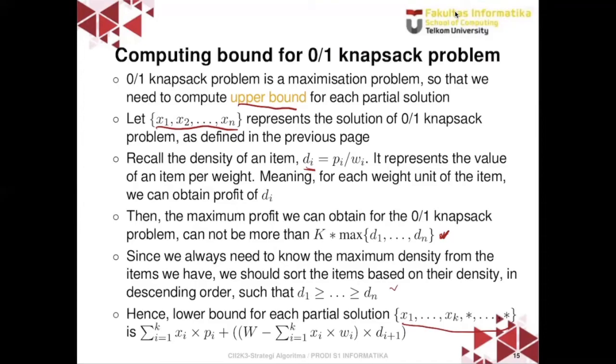Then we already know the total profit we have so far until the kth item. For the rest, we check the remaining capacity we have, and then multiply it with the largest density we have on the remaining items. Because we have sorted the items with the largest density first, the next item will have the largest density. That's why we multiply it with the density of the next item.